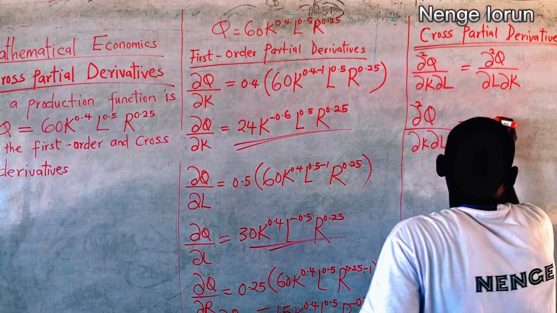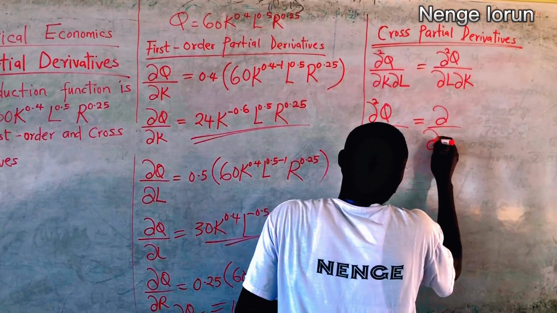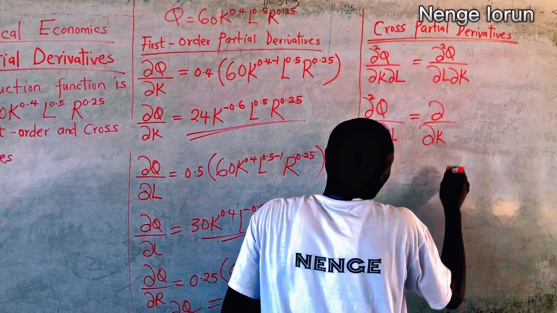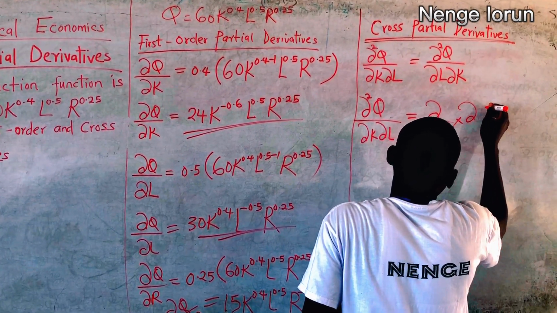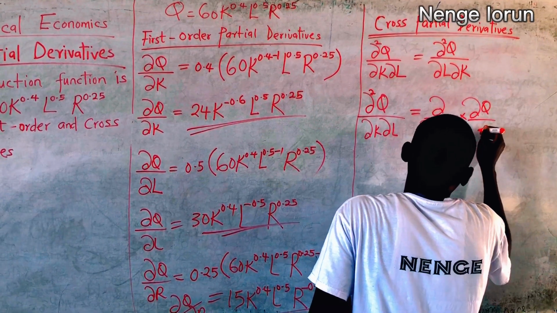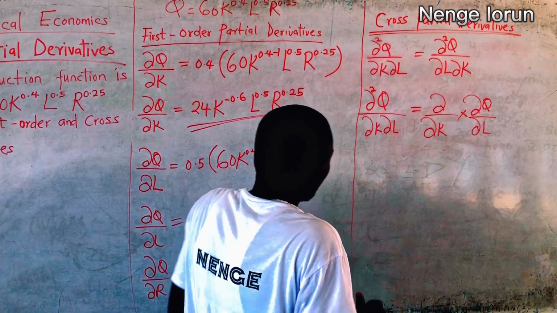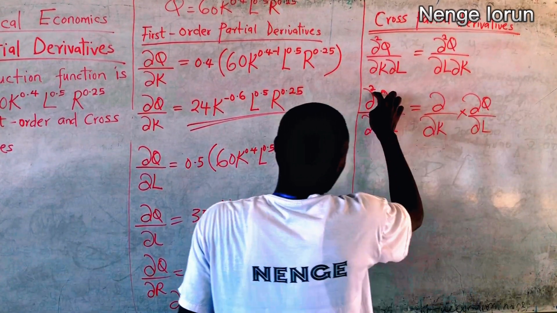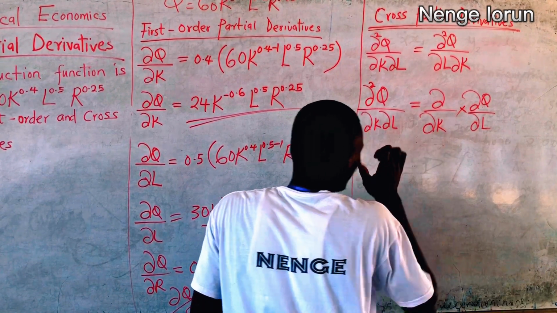So you can write it in this way: the partial derivative with respect to K of the partial derivative of Q with respect to L. You multiply this by this, you have this, and you still get the same thing.